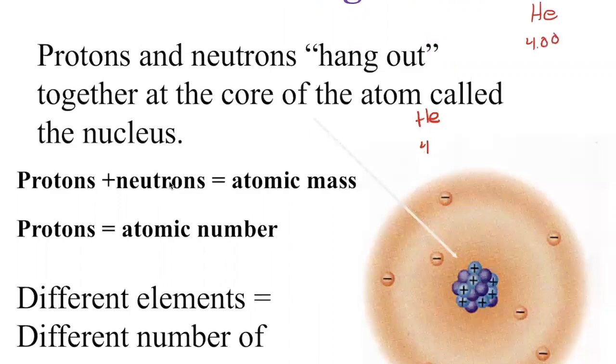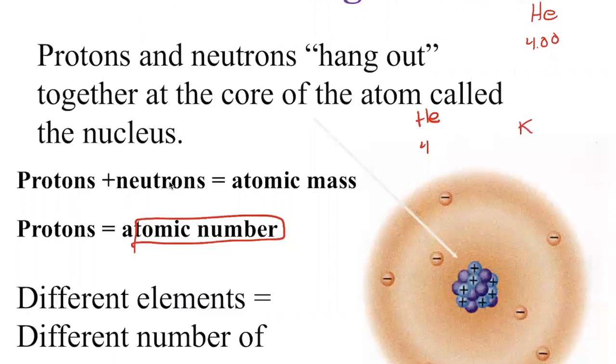That 2 is the atomic number. The atomic number equals the number of protons. So if I say I have 19 protons, what is the symbol? Well, you look up that 19, and it's going to be potassium.